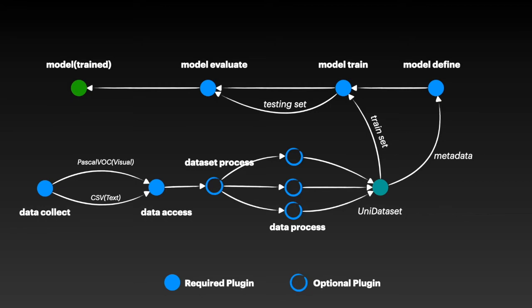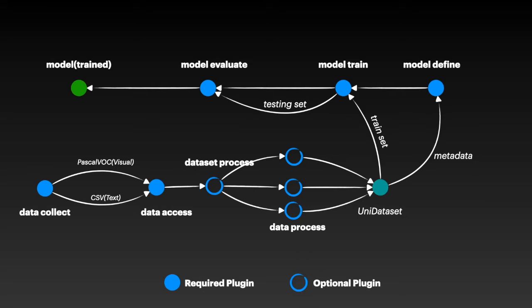At the very beginning, we have the data collect node, and right now we support two kinds of data source. One is visual in the Pascal VOC format, another is text in the CSV format, and we put the collected data into a data access node.